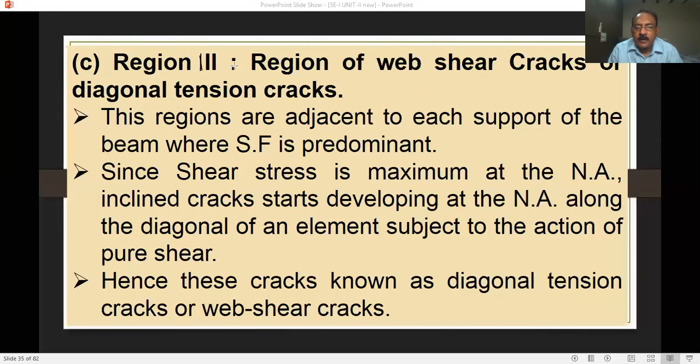In this region too, cracks developed due to only shear, because bending moment is very less. Since shear stress is maximum at the edge, inclined cracks start developing in elements subject to pure shear. Hence, these cracks are diagonal web cracks.